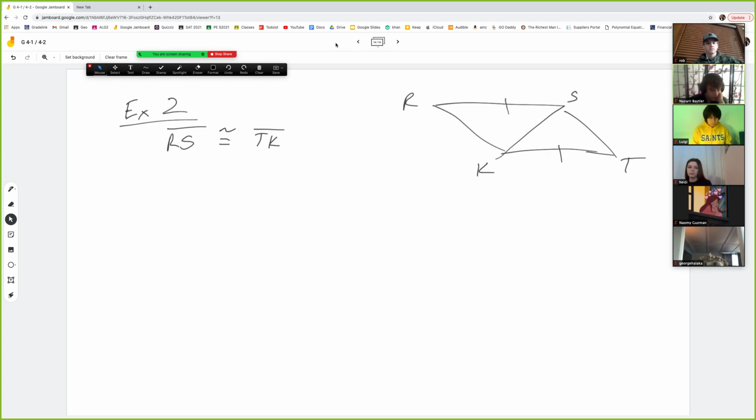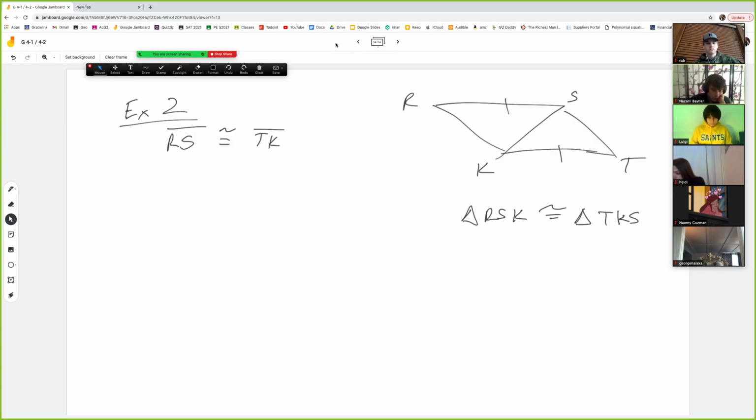What other information do you need in order to prove that triangle RSK is congruent to triangle TKS? What other information do you need to prove this?